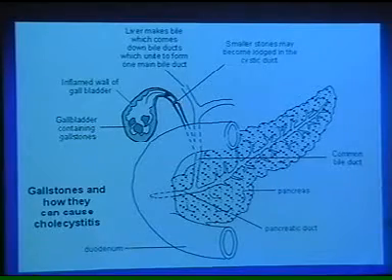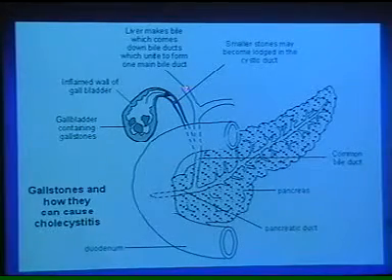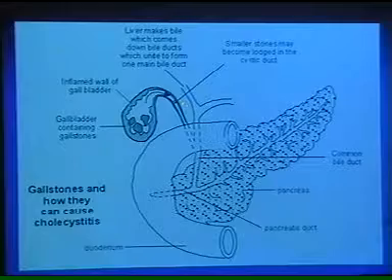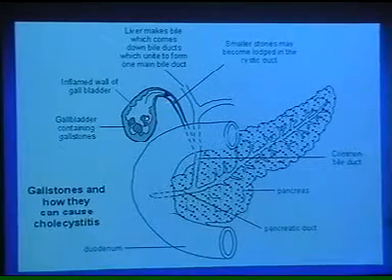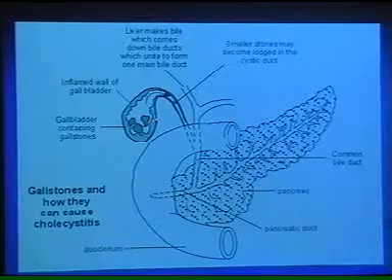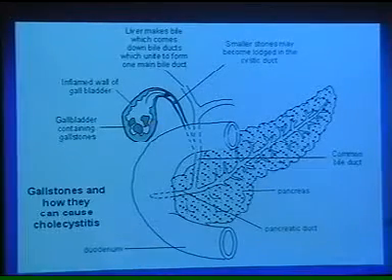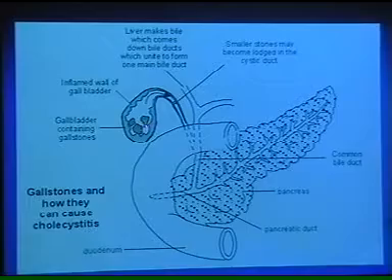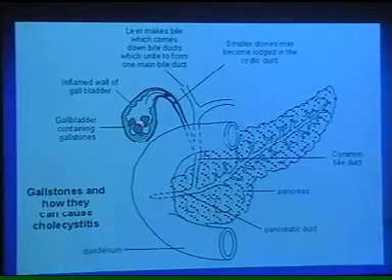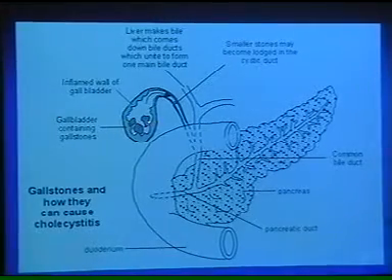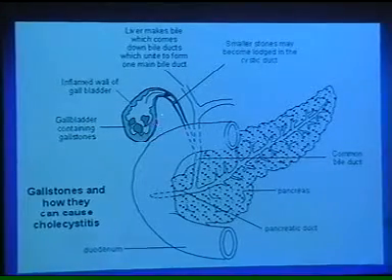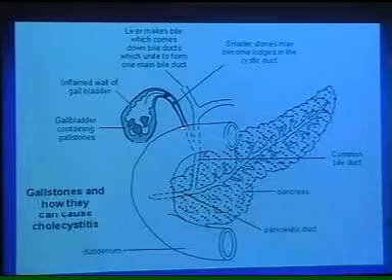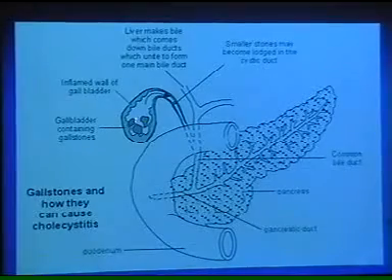The first step in the pathogenesis is a blockage of the cystic duct, but this blockage alone doesn't cause acute cholecystitis. It is the inflammation or irritation of the mucosa due to gallstones that initiates the inflammatory cascade, and prostaglandins play an important role. That's why NSAIDs have a preferred role in pain control, because they are prostaglandin synthesis inhibitors.